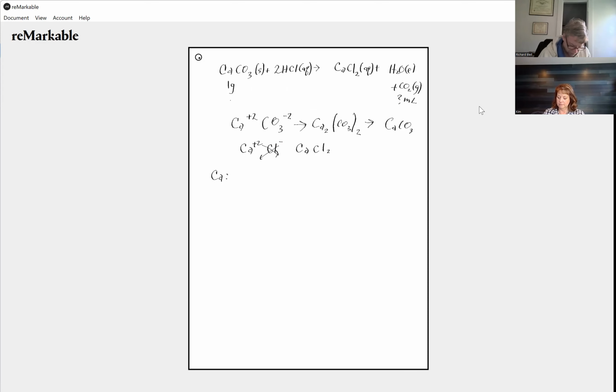Calcium is indeed 40.08 grams per mole. Remember those numbers on the periodic chart? Always add the units grams per mole. Carbon is 12.01. Oxygen is 16.